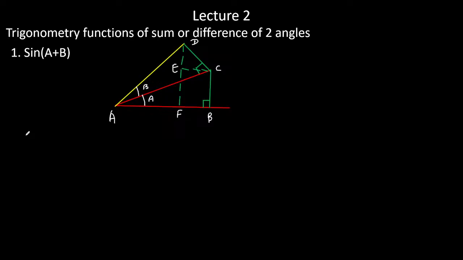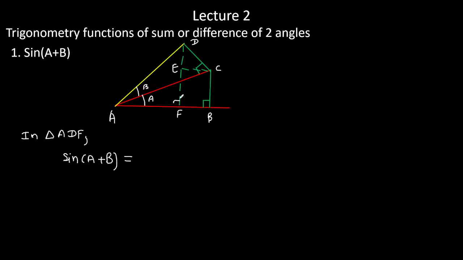So in triangle ADF, what I wanted to say is that we'll get sin A plus B as perpendicular by hypotenuse.